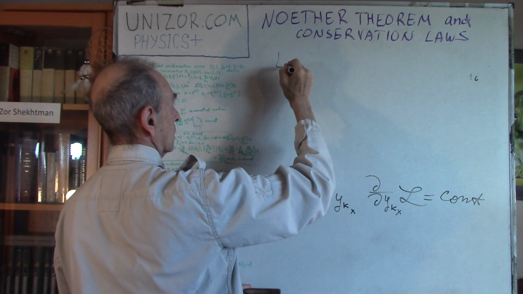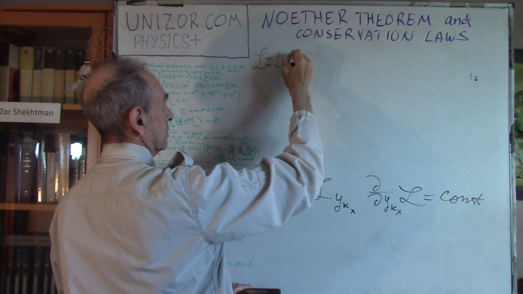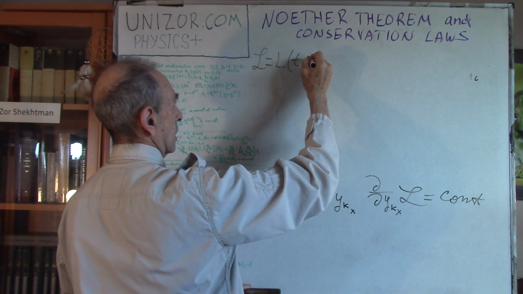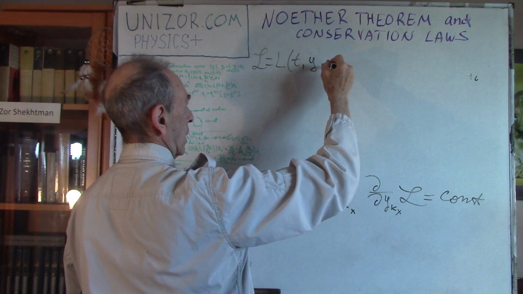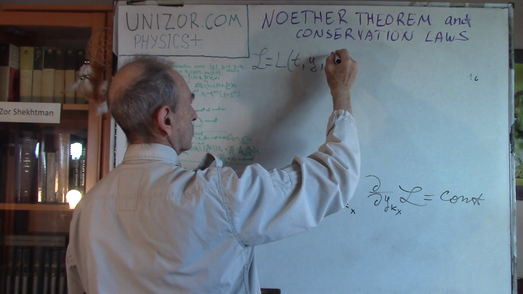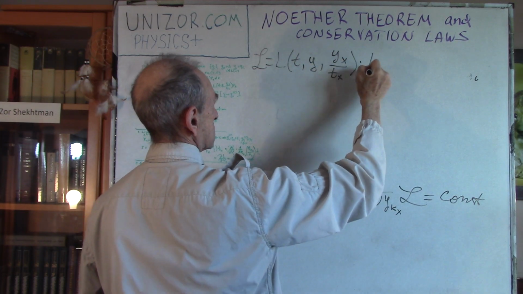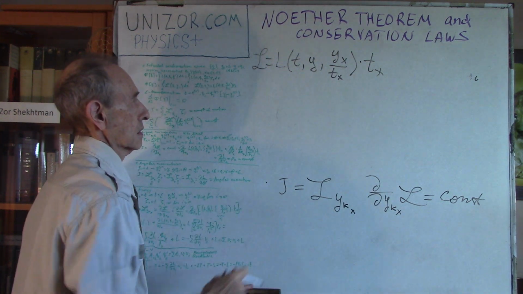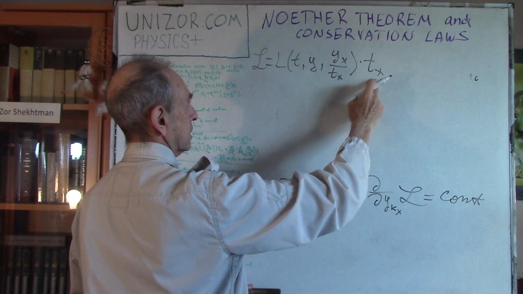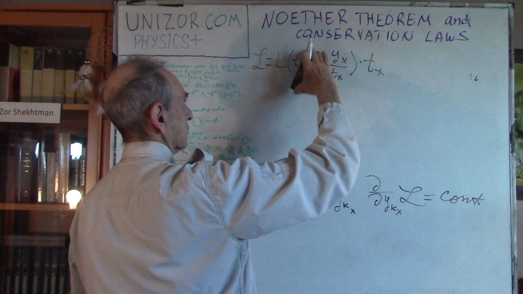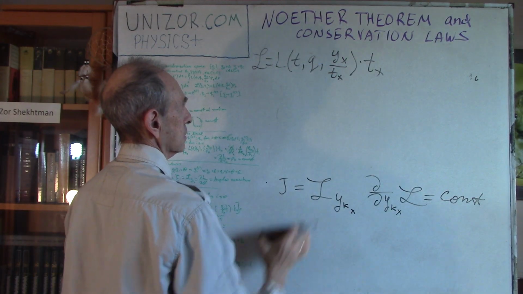So again, L is equal to, this is the Lagrangian. You remember it was t y, and instead of the derivative of y by t, we did yx by tx times tx. So this is the derivative by x from y. Actually, I can probably have q here, so it will be a little bit less abstract.